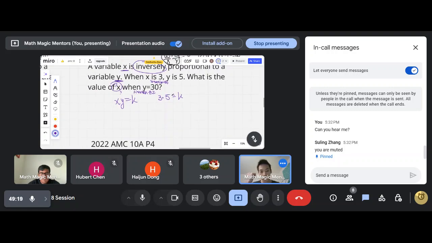We're going to do x, what we're finding, times y equals k. Again, these two constants are equal, because k just never changes in this situation. So we can just equate these two. x times 30 equals 3 times 5, which is 15. Dividing by 30 gives x equals 15 over 30, which is 1/2. And that's our answer.